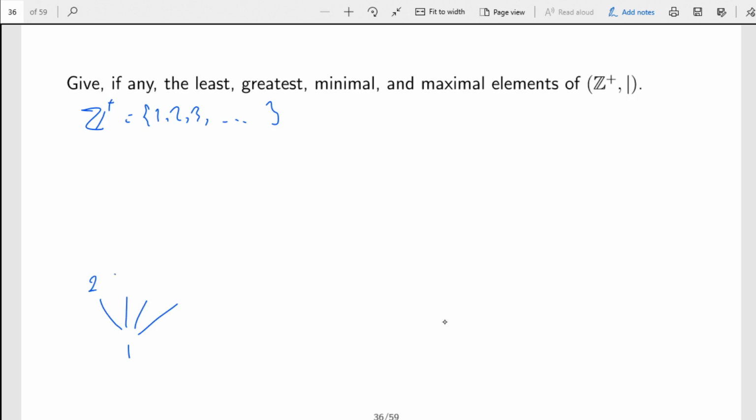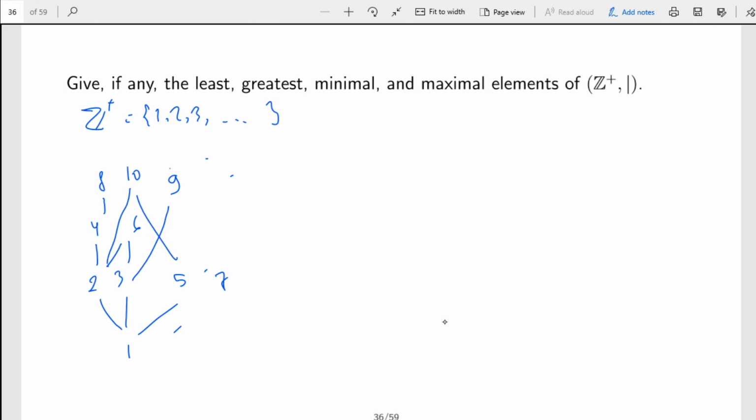So 2, 3, 4, 5, for example, and 6, 7, 8, 9, 10 and so on. So you have many of them.